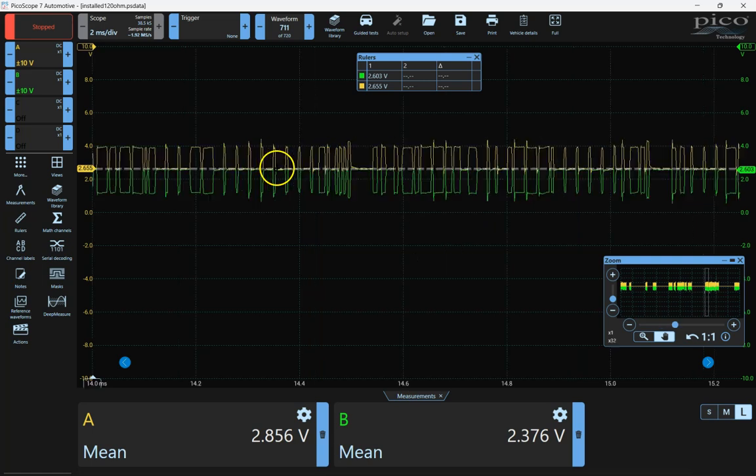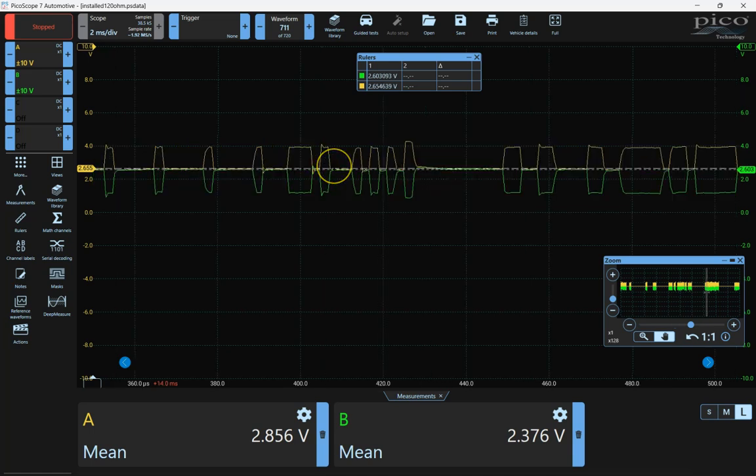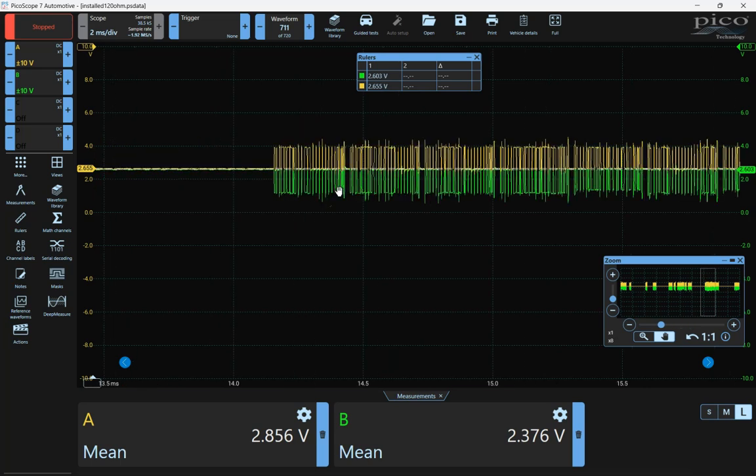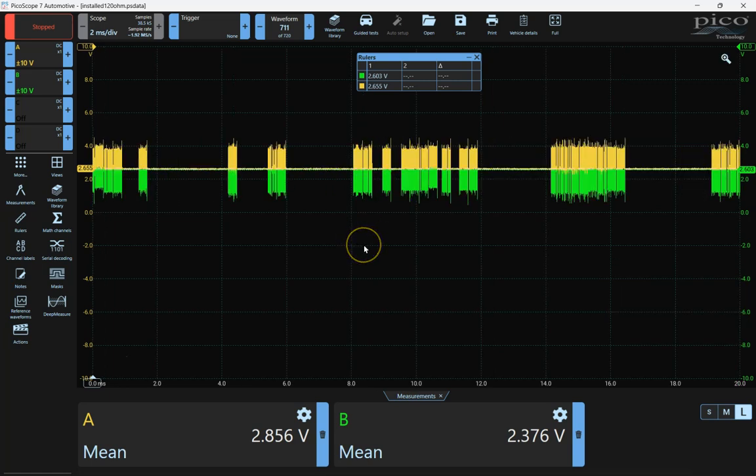We're still able to have each device hold the bus at this 2.5 volt bias. I don't know, there's probably 20 controllers or devices on this CAN network, and each one of them, for what they measure for a voltage, is trying to hold that to 2.5 volts, the CAN transceiver in each one. Just like any other newer machine, this was an older machine, maybe 10 years old or so.